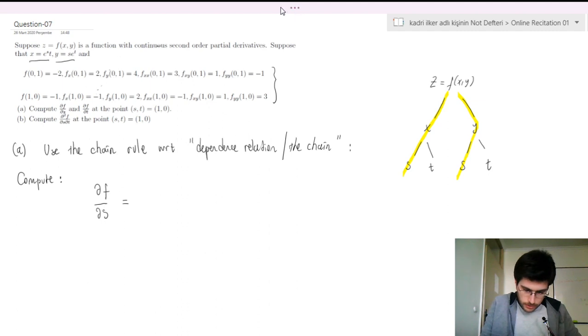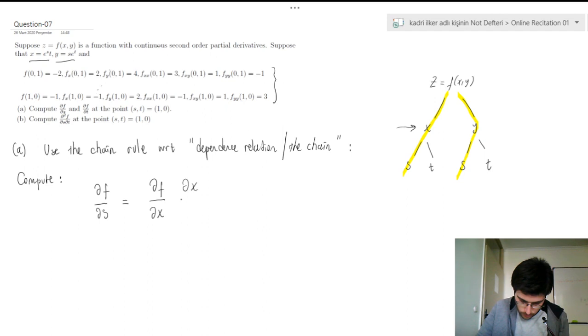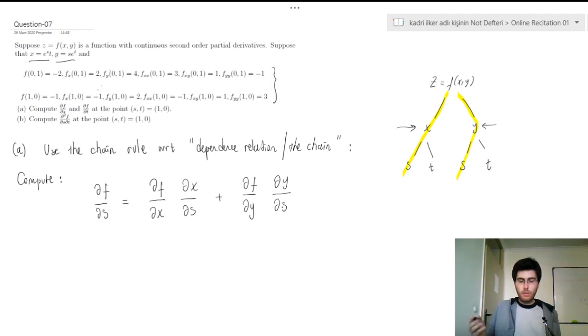This tells you the algorithm. Therefore, to reach the differentiation with respect to s, first you should differentiate with respect to x. So we are here somehow, and then you should move to that thing. Plus, we have some other possible path to reach s. We should first differentiate with respect to y, and differentiate y with respect to s, and that's all.